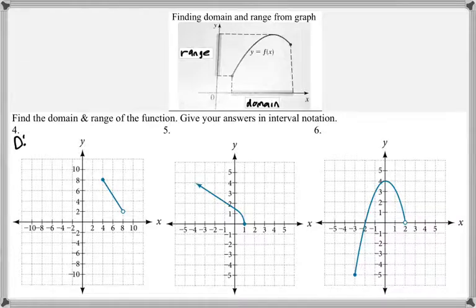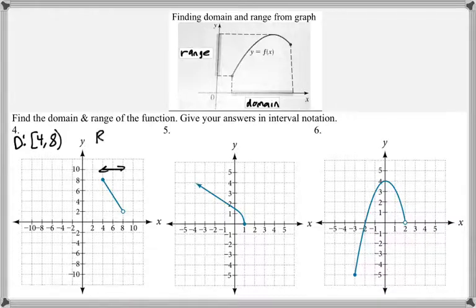And you'll see that this function goes as far left as 4. And because we have a closed dot there, it's going to be a bracket. And how far right does this function go? This function goes as far right as 8. But it's an open dot, which means it doesn't quite reach 8. So that's going to be 8 with a parentheses.